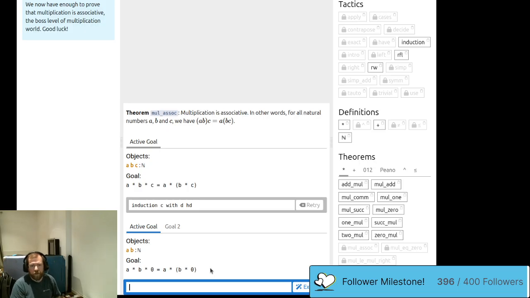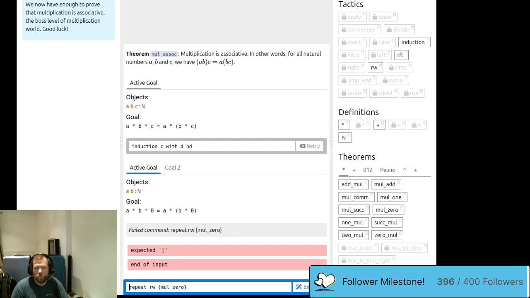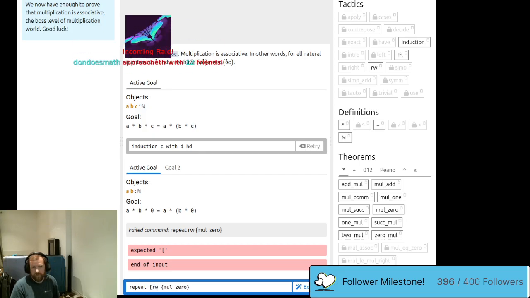So in this case, we've got rewrite, and we can do this stuff that is multiplied on the right-hand side. So we want something that is multiplied by 0. And we want to repeat this. Boo. All right, we need brackets around our argument.